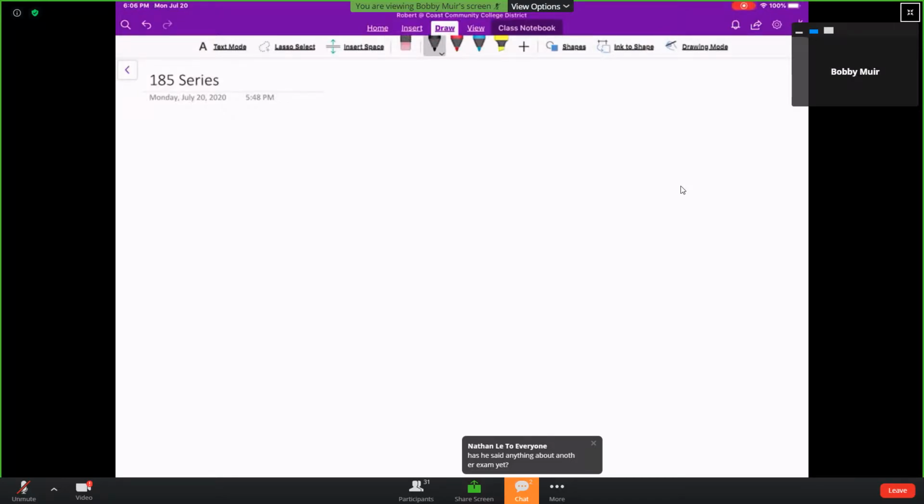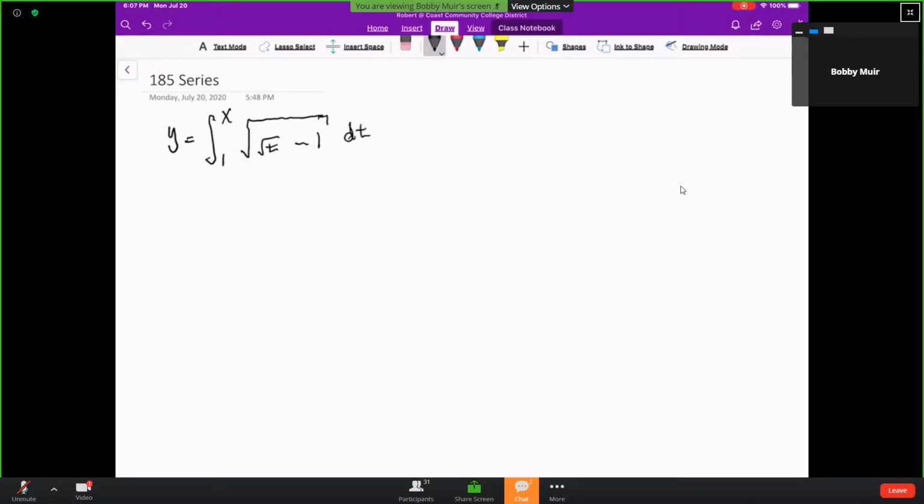It was an issue with find the area of the surface. You take y equals, now it's this funky function, it's a kind of indefinite interval, sort of, the integral from 1 to x of the square root of t minus 1 dt. Okay.